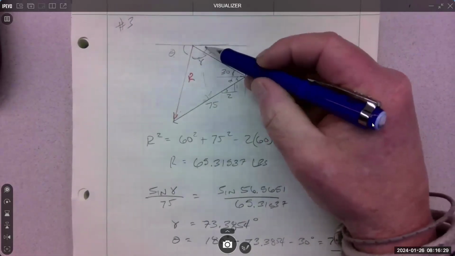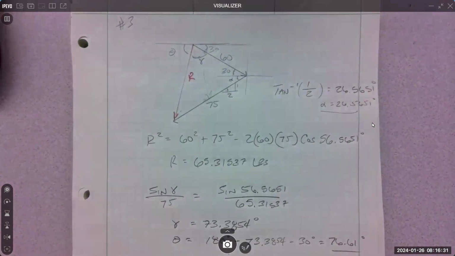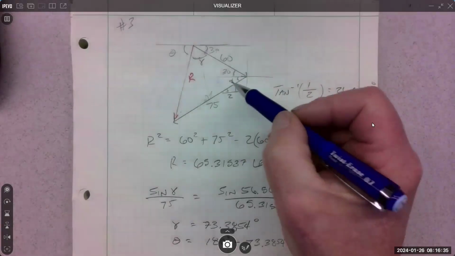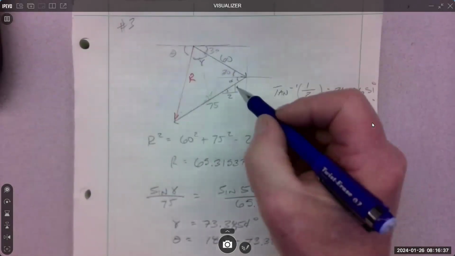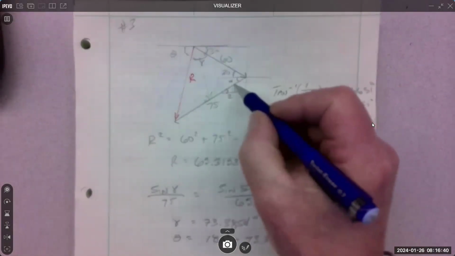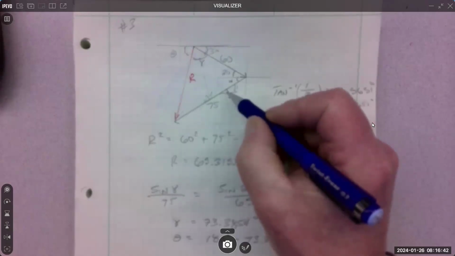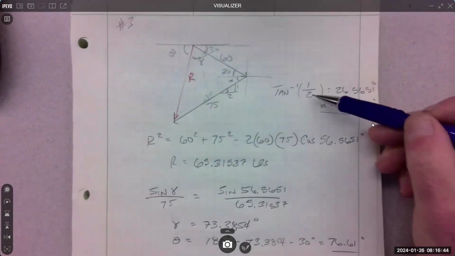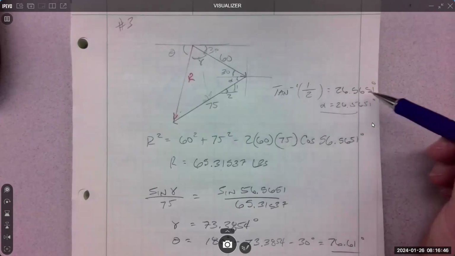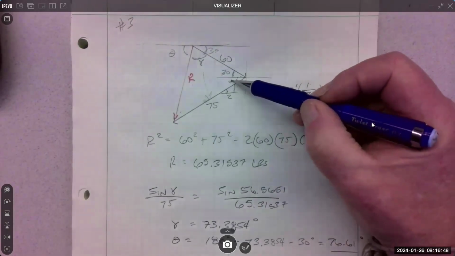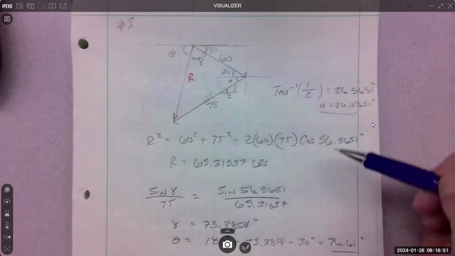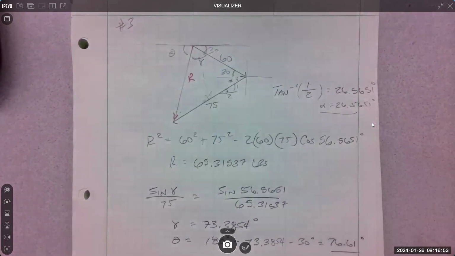I know that's 30 if this is 30. Opposite interior angles, right? I don't know this, but I knew this because of the little triangle they gave me. I could calculate it. One half inverse tangent gave me 26.56 for this. So that gives me the whole interior angle at 56.5651. Boom. Once you get the interior angle, you've got side angle side, so you can go for the cosine.